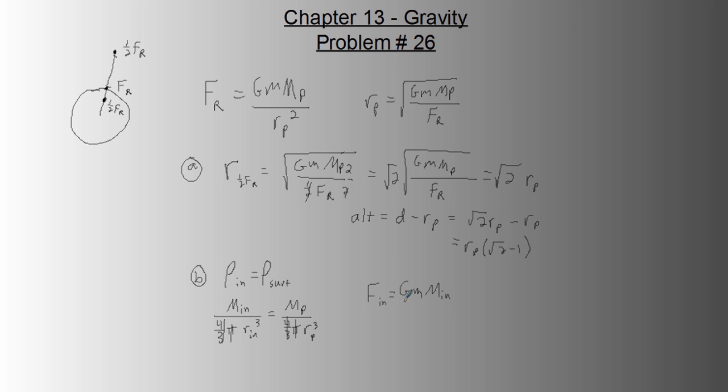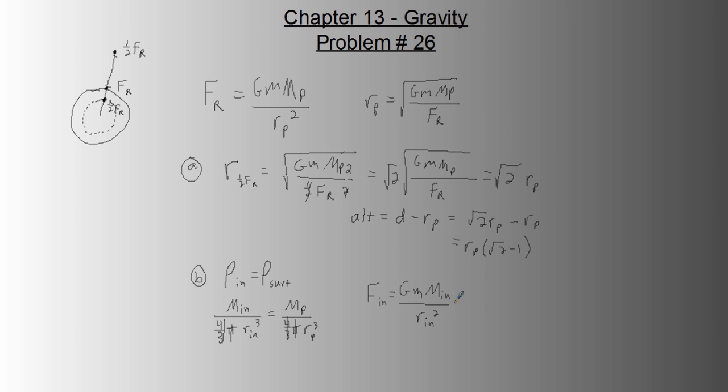So if you're like here, this deep down, and you make a shell, the force you're going to feel is only from this mass inside this dashed circle. None of this mass out here in this outside shell affects you. So this is over the inside radius squared.